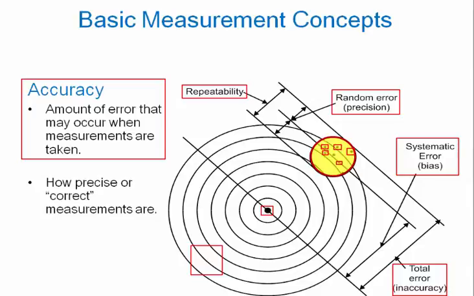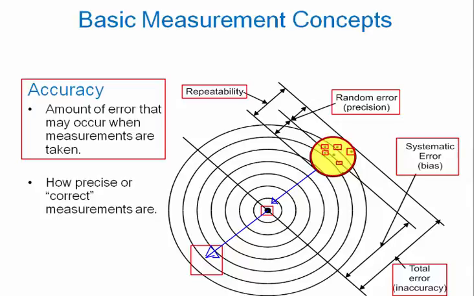Because what we can do, as we said, is to change our aim. We can get rid of that bias by aiming somewhere else, or by making adjustments somehow within the measurement. So if we then center that element of repeatability over the target, we are improving the quality of the measurement.